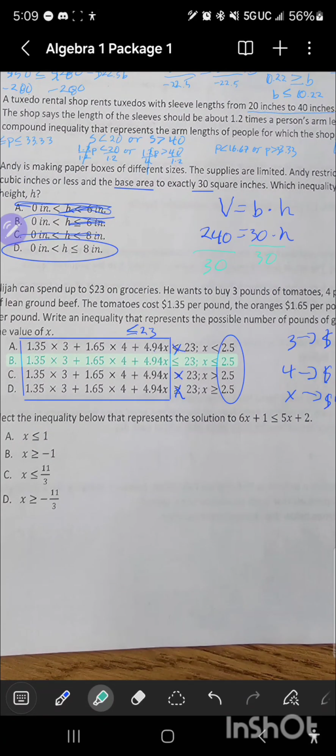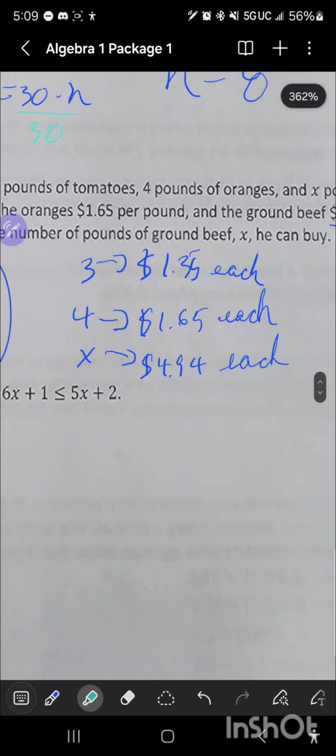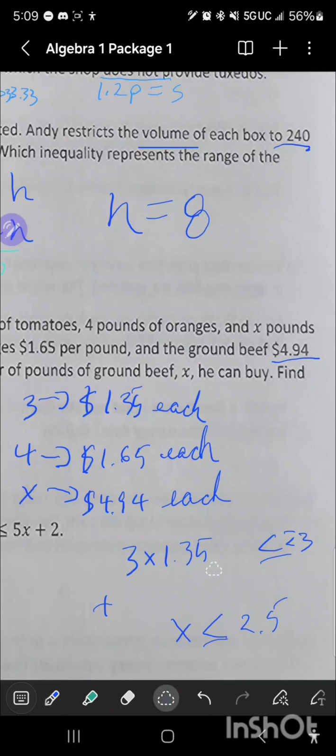We can also calculate the x. We basically need to multiply and say that 3 times 1.35 plus 4 times 1.65 plus x times 4.90 is less than or equal to 23, and at some point we're going to get that x is less than or equal to 2.5.